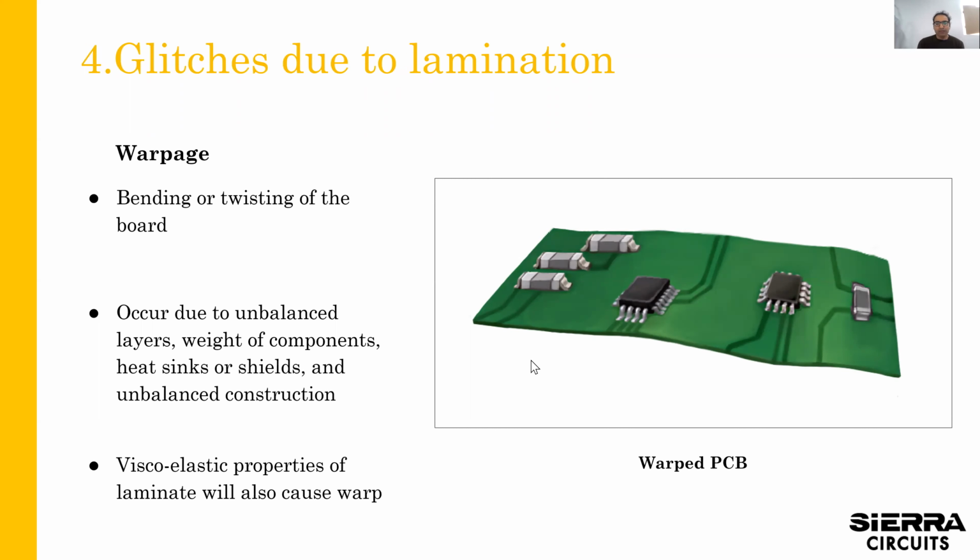Another big topic I think it's important to know is when you're designing your stack up, what kind of materials and copper weights you're going to be using. You have to take into account not just the electrical properties of the material and the controlled impedance structures you're going to be doing, but also whether your stack up is a balanced construction.